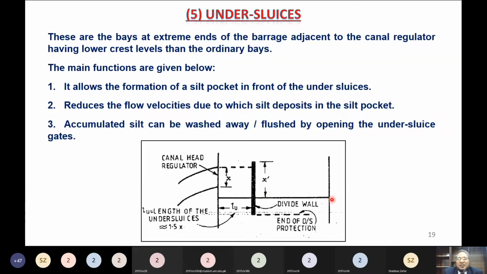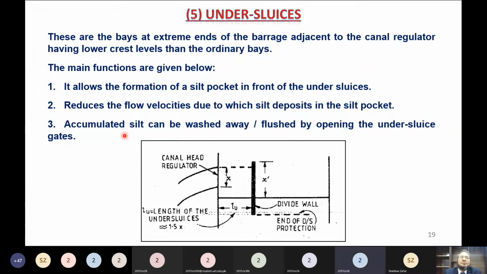These main bays are closed and the undersluice bay gates are open, and the whole discharge passes through here. So it flushes this deposited sediment, maybe of 9-10 months. So these are the three functions of the undersluice bays or undersluices. Is it clear?